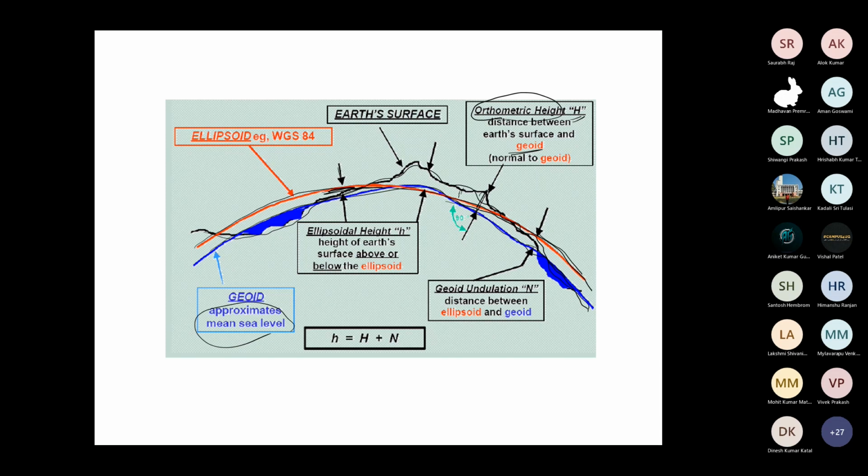Yeah. So ultimately the ellipsoid is the approximation of the geoid or mean sea level. And the geoid is the approximation of points where the same gravitational potential is active. Yes, so this is how we define it.